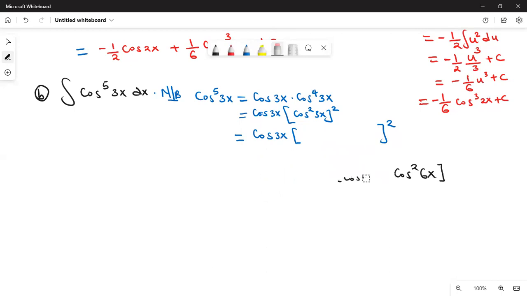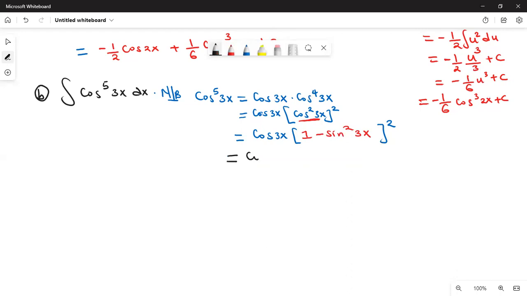So I'm going to rub what I'd written initially so that I'm going to replace, instead of cosine squared of 3x, remember this is the same as 1 minus sine squared of 3x. That's what I'm going to write, 1 minus sine squared of 3x. So that if I square the whole of that one, I'm going to get this.